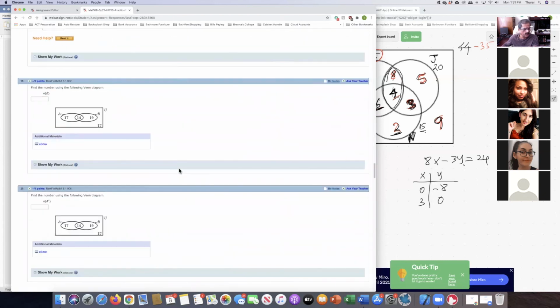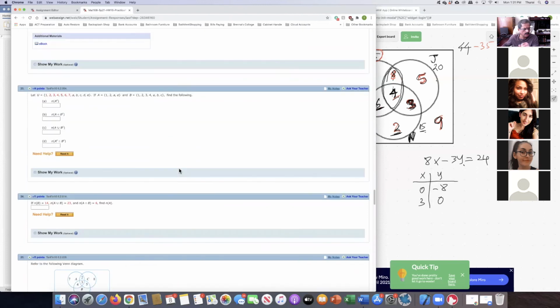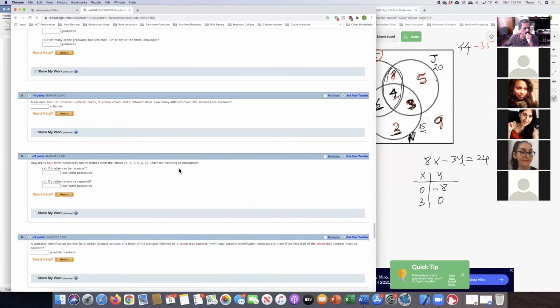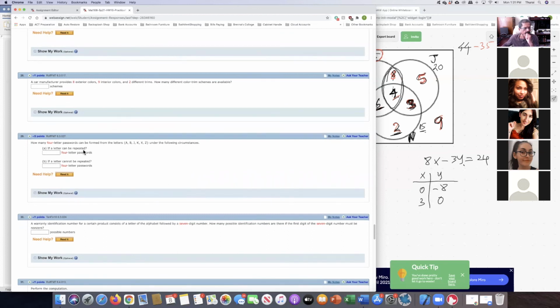And the only other place where I would need your work is going to be this question: how many 4-letter passwords can be formed using these letters? So passwords means you had to choose 4 letters from this, and rearrangements will be different passwords. So therefore, order matters, and therefore it's a permutation.